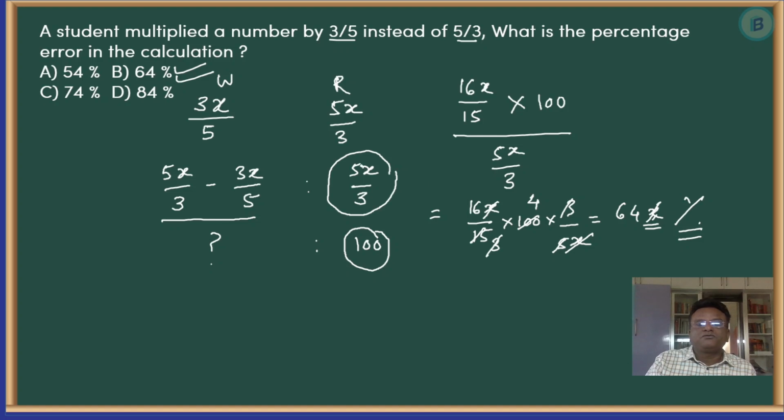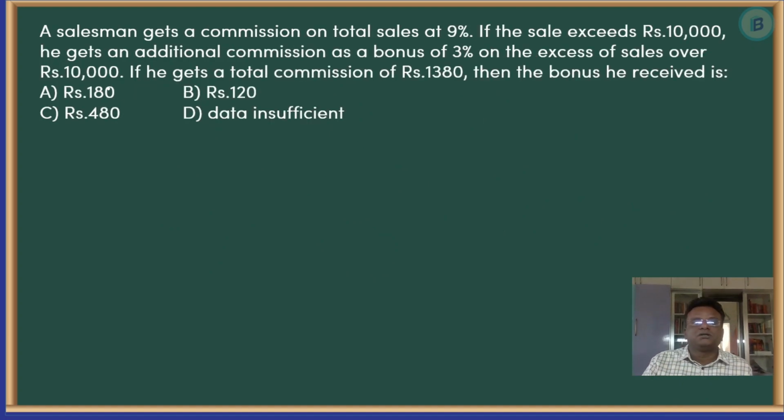So on the base of 5x/3 you have this error 16x/15. So what is the percentage? You need to multiply it by 100 by finding it on the base of 5x/3, and that's your answer, option. Let us go to the next question.